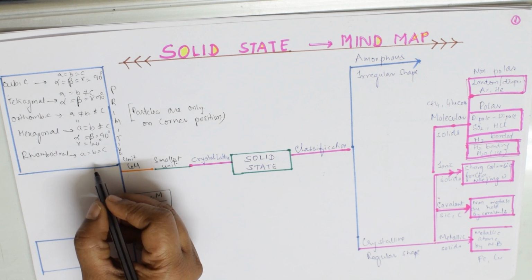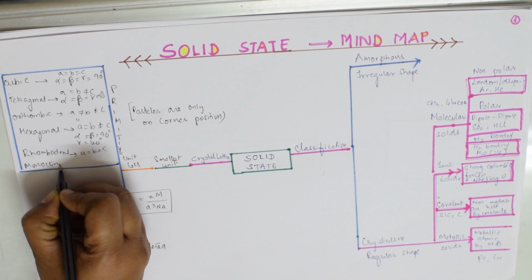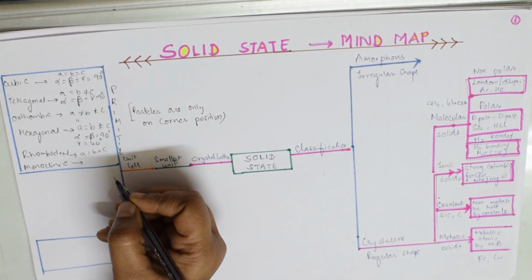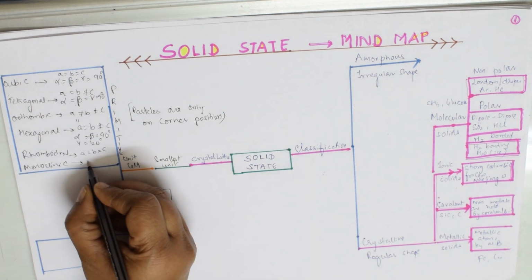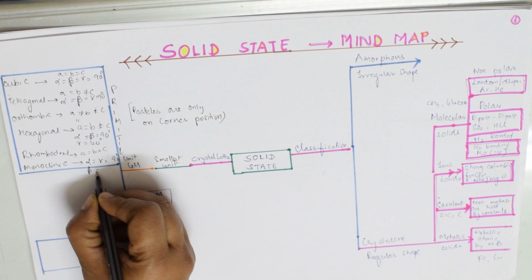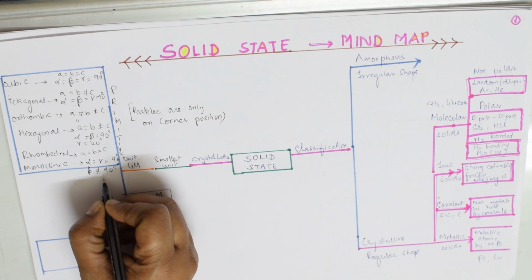So next comes monoclinic. When I write the monoclinic Bravais lattices, an example is sulfur. Here alpha is equal to gamma is equal to 90 degrees and beta is not equal to 90 degrees, right students? So it is again a primitive type of Bravais lattice.